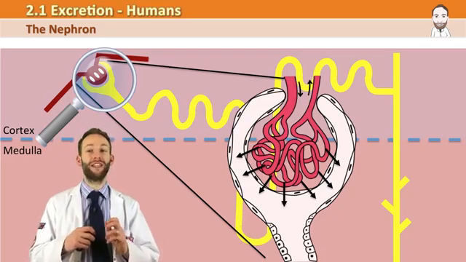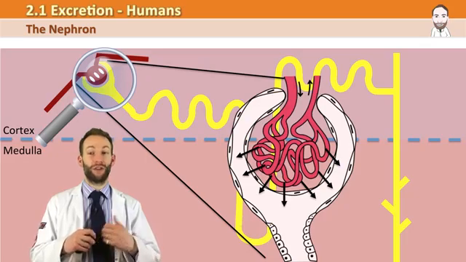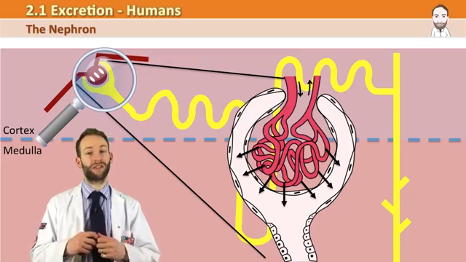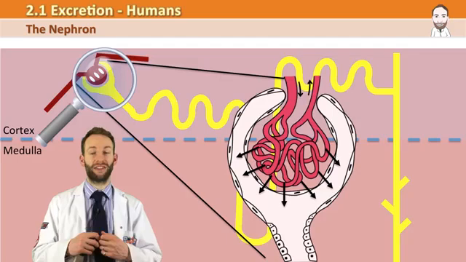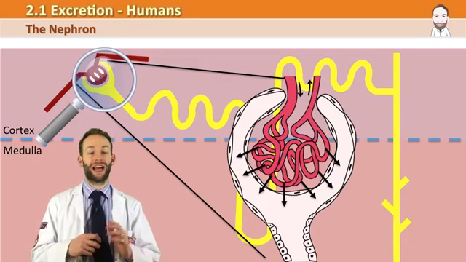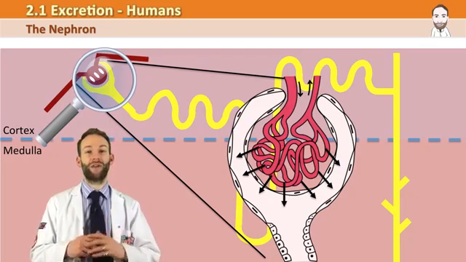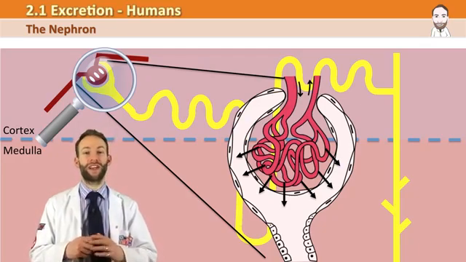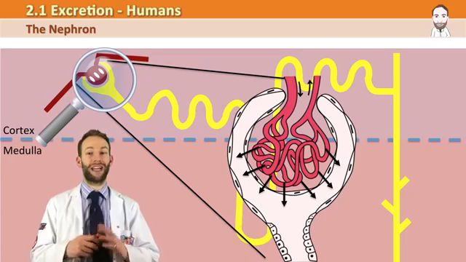All that's left in the blood at this point are the blood cells, red and white, and large proteins that are too big to fit through the capillary. That blood then continues out through the efferent arteriole and carries on its way, and we'll talk about where it goes next.